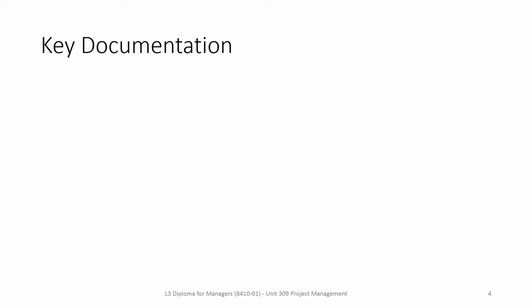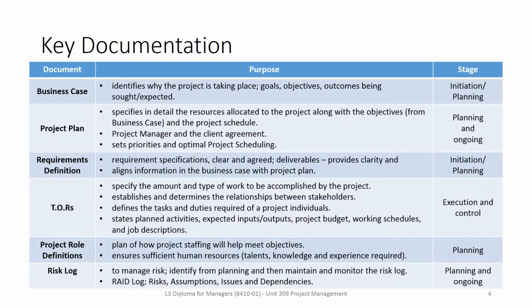And it'll depend on the documentation, but we'll look at some key documentation, and there is some more information in the handout in the resources, which also tells you what sort of size of project they might be required on. So let's have a look at some key documentation. A table has appeared on the screen now, which gives a list of key documents, and we'll just quickly go through those and outline them.